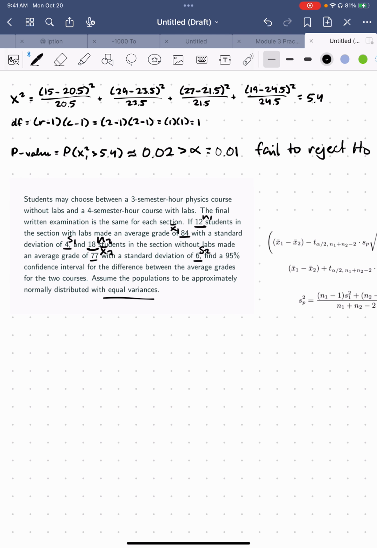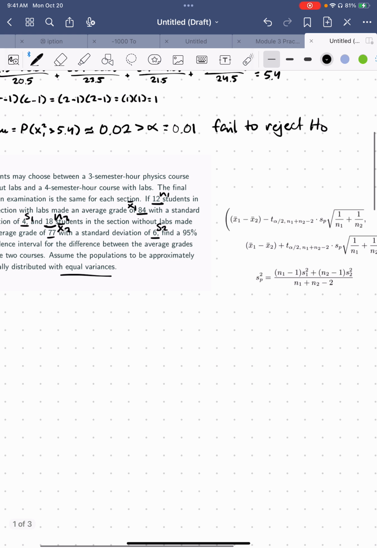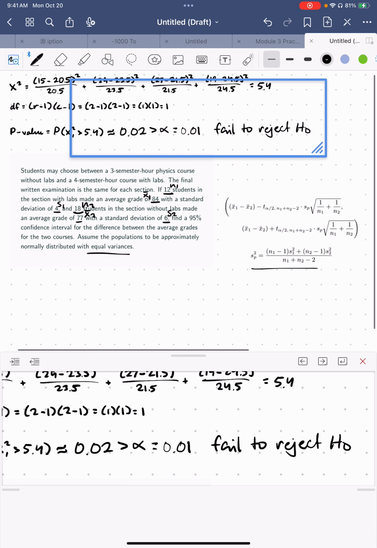And first we want to calculate our SP value, so we can use this formula over here to do that.